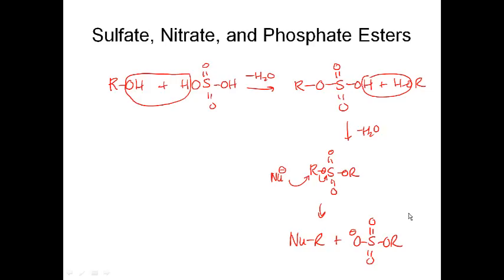So we can make sulfate esters, and we can make dialkyl sulfates by reacting sulfuric acid and an alcohol, and probably not a lot of heat, because we don't want to form double bonds. We don't want to do eliminations.